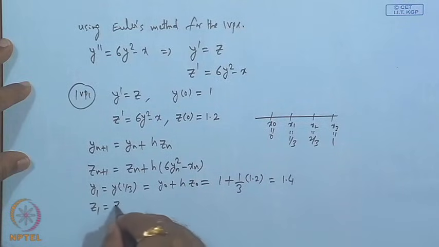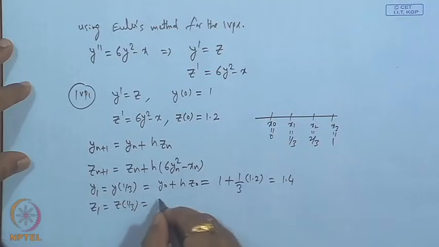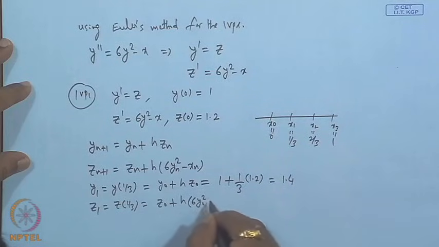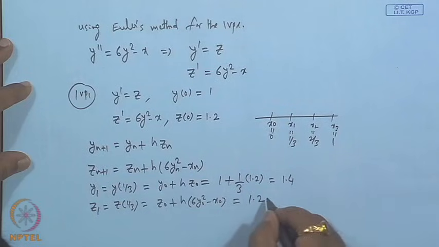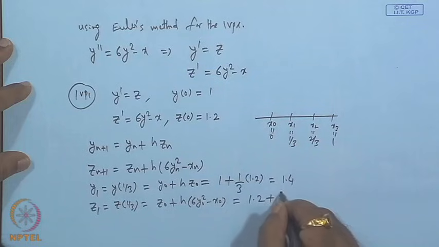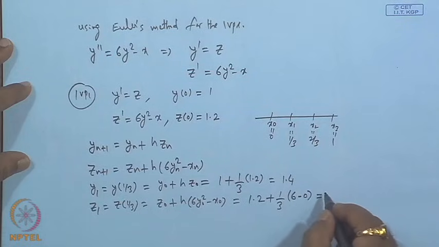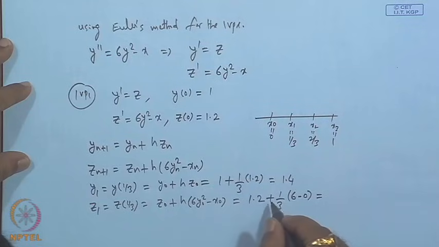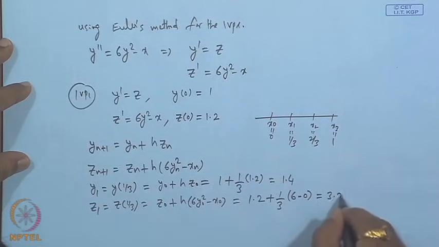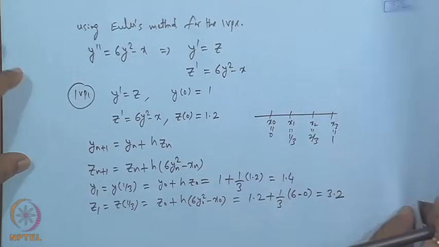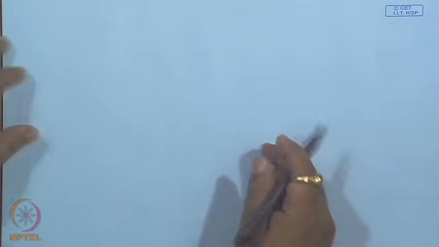Z 1 is z 0 plus h times 6 y 0 square minus x 0, where z 0 is 1.2 plus 1/3 times 6 y 0 square, that is 6, minus x 0, which is 0. So, this will be 3.2.